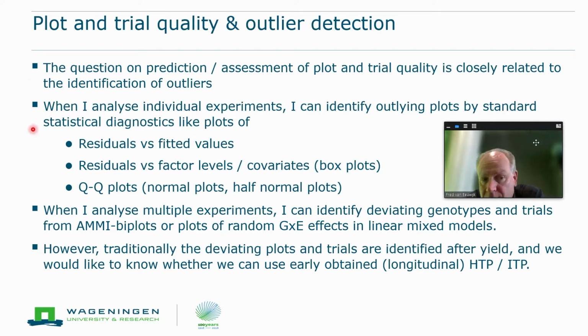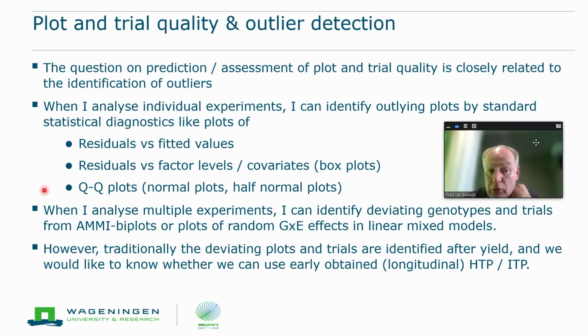I think all of you know that when you do a classical statistical analysis, you can check some of the assumptions, but you can also look for outliers, and we have typical diagnostic plots for that. We look at the residuals versus the fitted values. We look at the residuals versus certain factor levels, covariates.